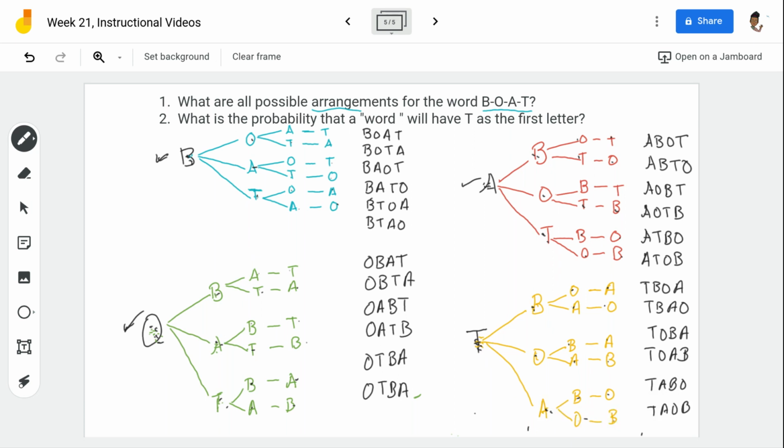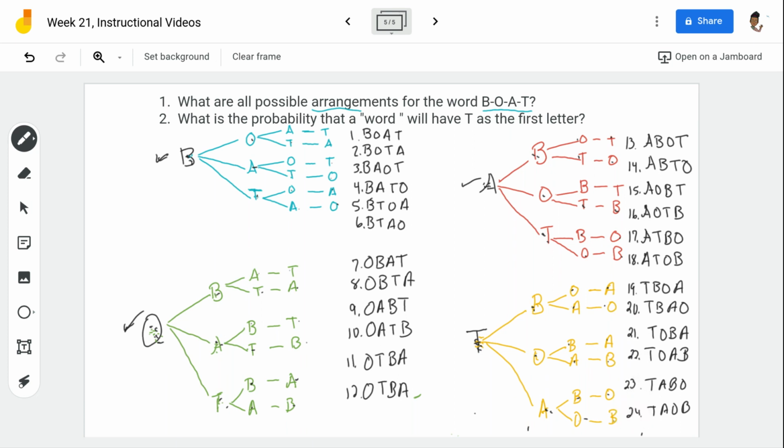So if you look, we have listed 1, 2, 3, 4, 5, 6, 7, 8, 9, 10, 11, 12, 13, 14, 15, 16, 17, 18, 19, 20, 21, 22, 23, 24.